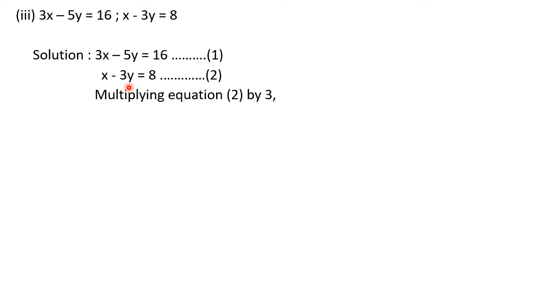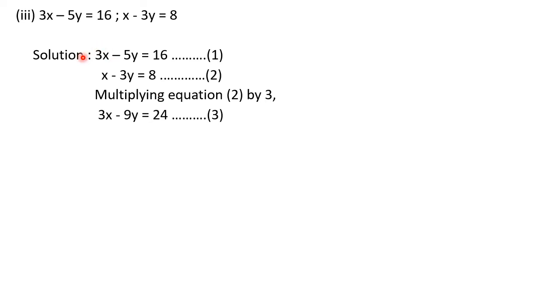So when we multiply by 3 here, we will get 3x minus 9y is equal to 24. See, we are multiplying each and every term. Take a note of this. Okay. So number this new equation as 3. The equation which we got after multiplying, you will number it as 3.